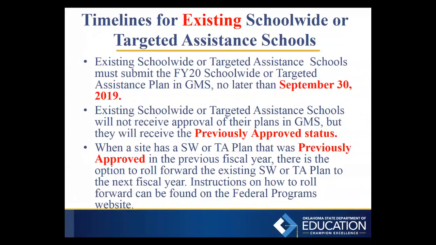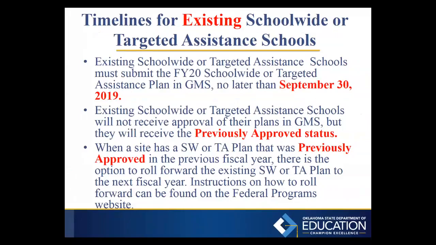Existing schools will not receive approval for their plans in GMS, but they will receive the previously approved status. So if you have an existing school-wide plan, you will receive a previously approved status instead of the new site review, which has to be reviewed and sent to the next person for final approval. But if the site was already approved last year, you're just going to roll over to FY20.